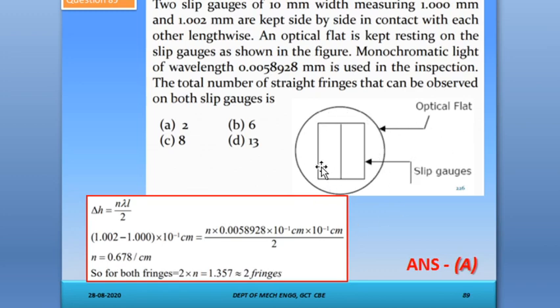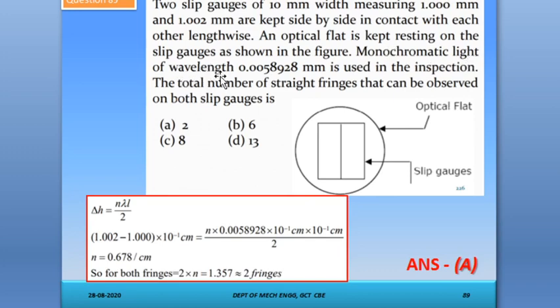There are two slip gauges, one of height 1 mm and one of 1.002 millimeter, placed side by side in lengthwise contact.